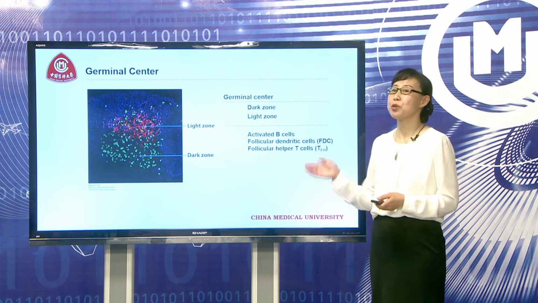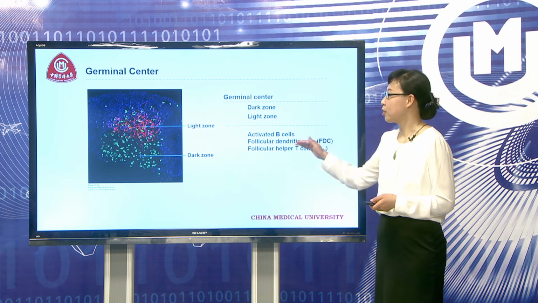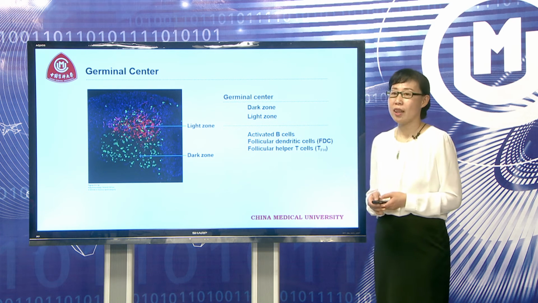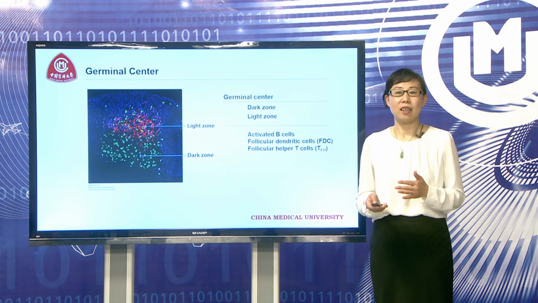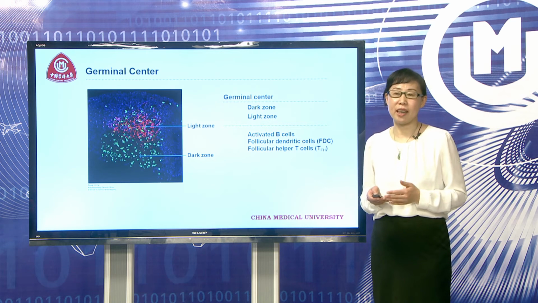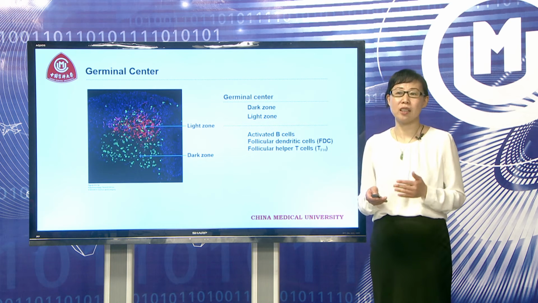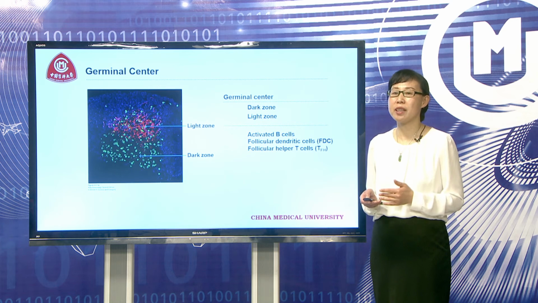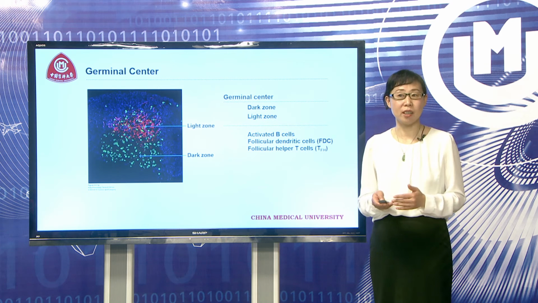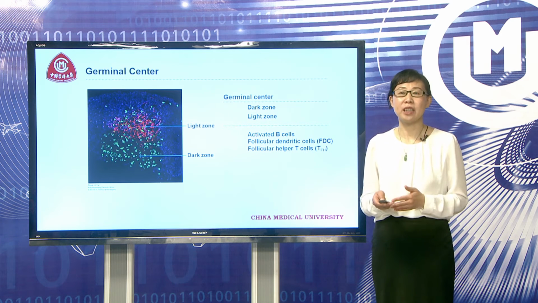It's composed of two zones, the light zone and dark zone. In the dark zone, there are many rapidly proliferating B lymphocytes, and the light zone is composed of the activated B cells, follicular dendritic cells, and follicular helper T cells.